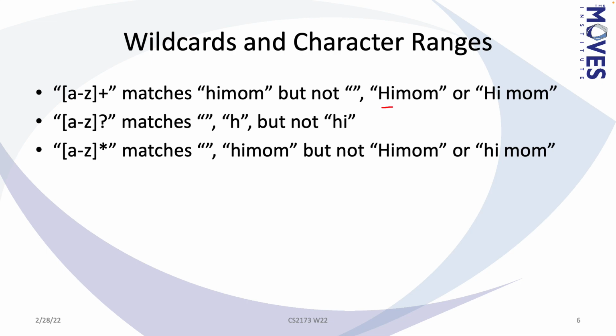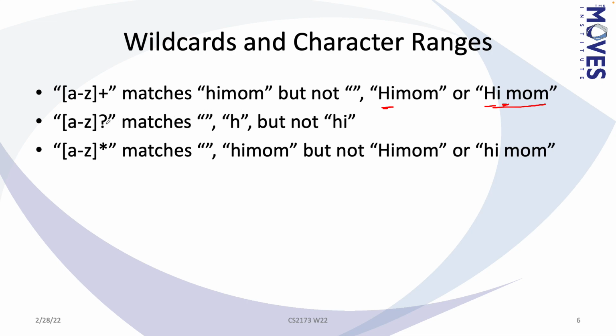It won't match "hi mom" with a capital H because the capital H is not a lowercase one, and it certainly won't match anything with a space in it because that's not a letter. This will not match this final "hi mom" because it requires all the letters to be lowercase and nothing that's not a letter.